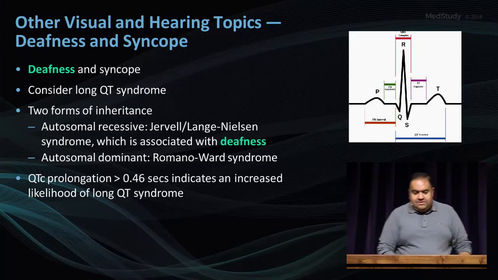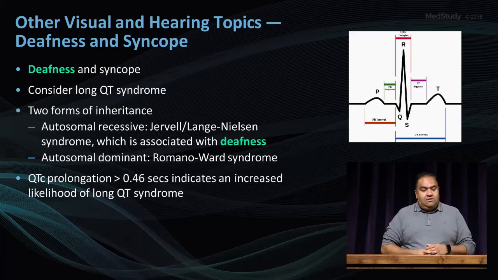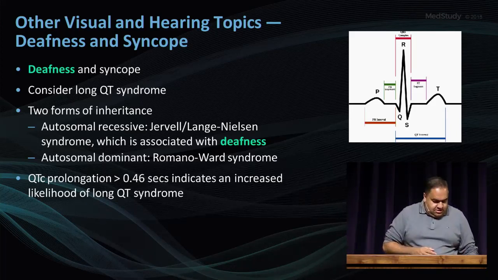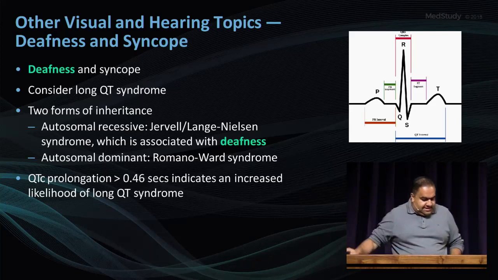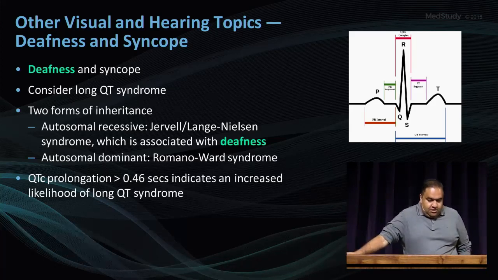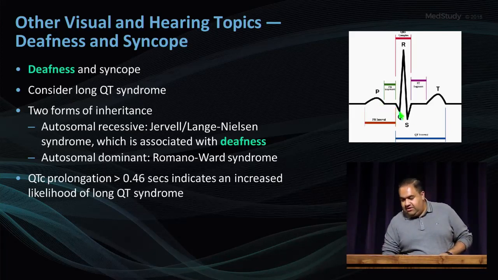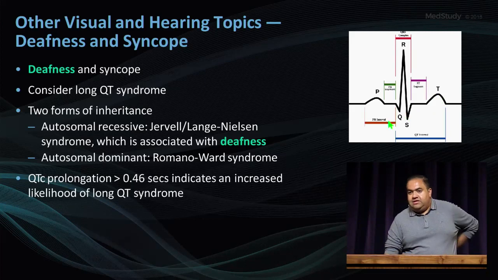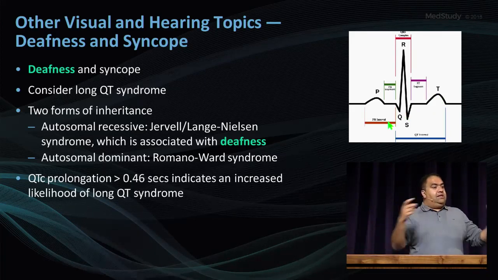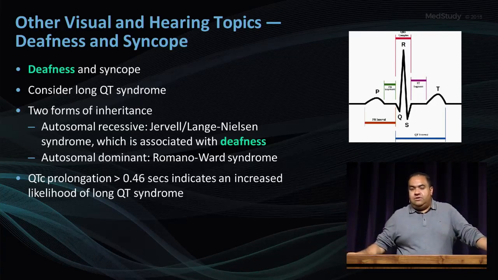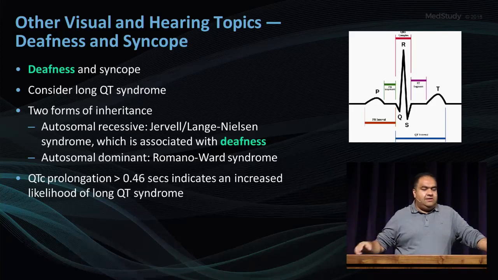Other visual and hearing topics: deafness and syncope. If you have deafness that occurs with syncope, consider prolonged QT. And there are two forms of inheritance. Remember that prolonged QT: we talked about the P wave and the Q and then the T. When you get an EKG, they'll calculate a corrected QTc interval. You have to be careful when it says, oh, prolonged QT may be suspected.